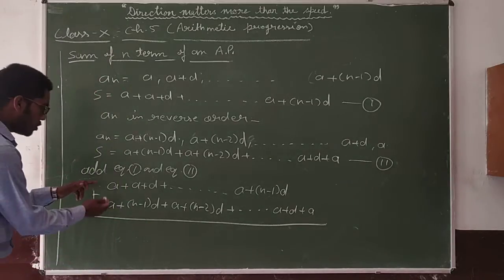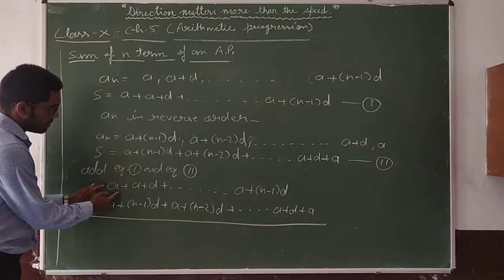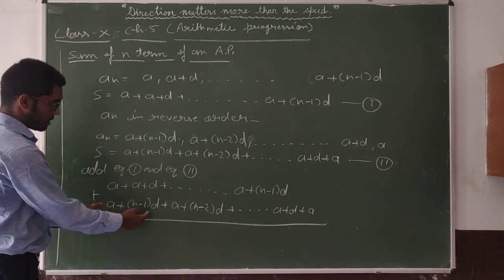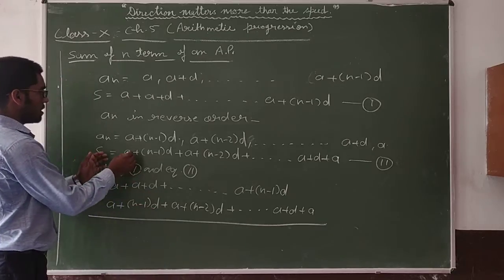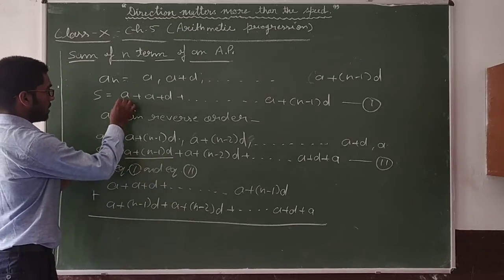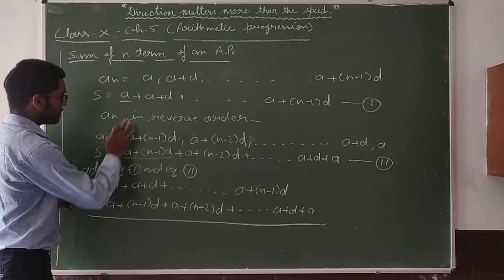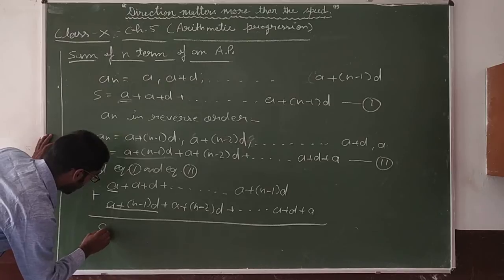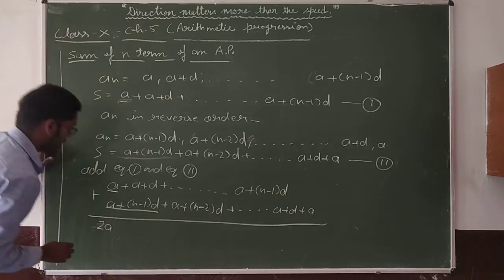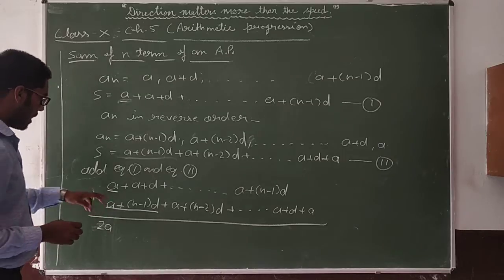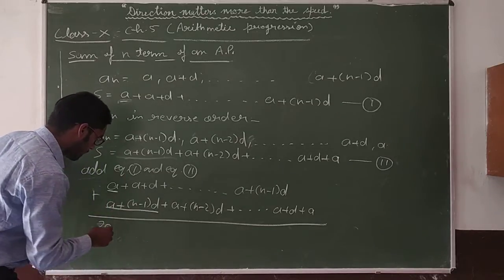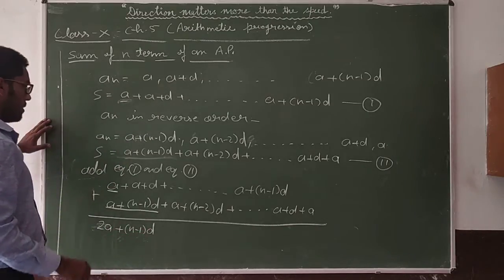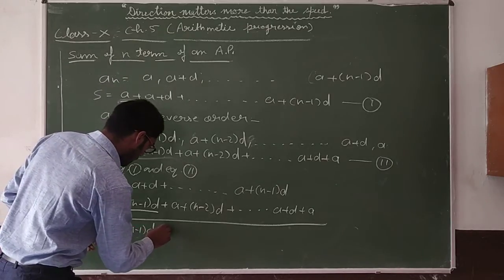When you add the first term of this series with the first term of the reversed series, a plus (a + (n - 1)d), you will get 2a + (n - 1)d.